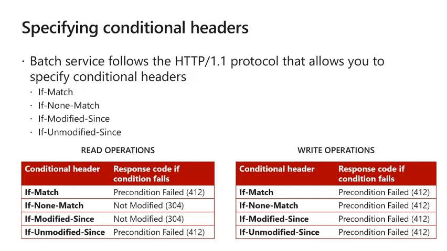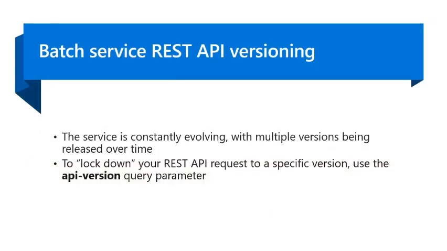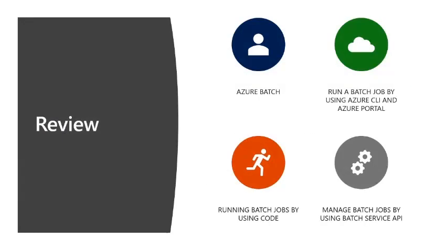So you can add conditional headers for that, and these are the headers: you can use If-Match, If-None-Match, If-Modified-Since, If-Unmodified-Since. Simple. And you can have versioning of your REST API. The batch service is constantly evolving, so you can specify which version of the API you want to use.